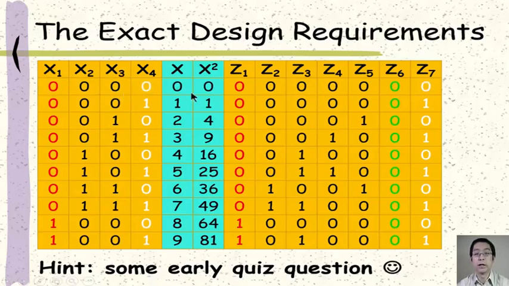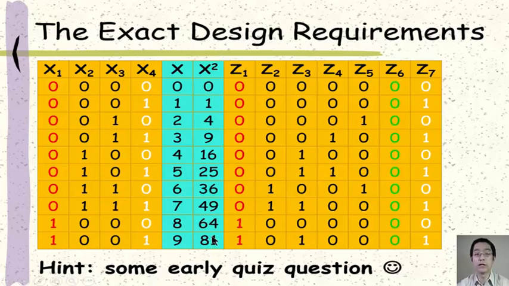And for the output side, the output in this case, x squared, goes from 0 to 81. So we know the largest number will be 81, and as we have discussed earlier, I need 7 bits to encode 81. So the number of output bits will be 7. Of course, you can argue that I don't really need 7 bits, because the number of different outputs will be only 10 different values.